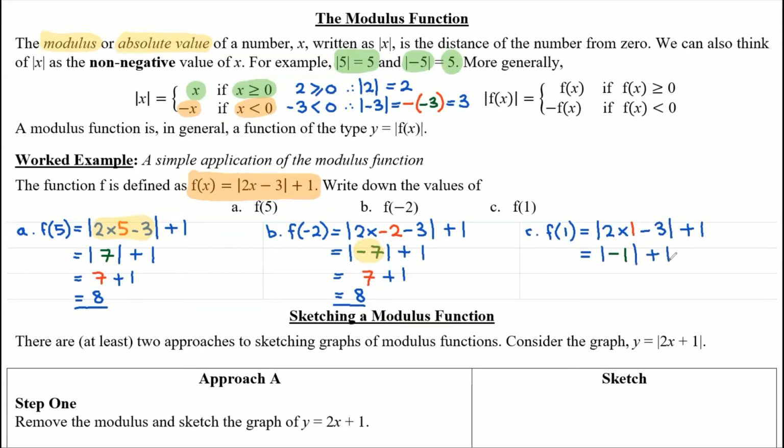Now, again, applying the modulus function to -1 is going to return 1. So it's going to give me 1 plus 1 here, which is, of course, 2. So that's how it works. So it's a function, like any other function, that removes any negativity from your number. So next, we're going to have a look at how to sketch the modulus function.